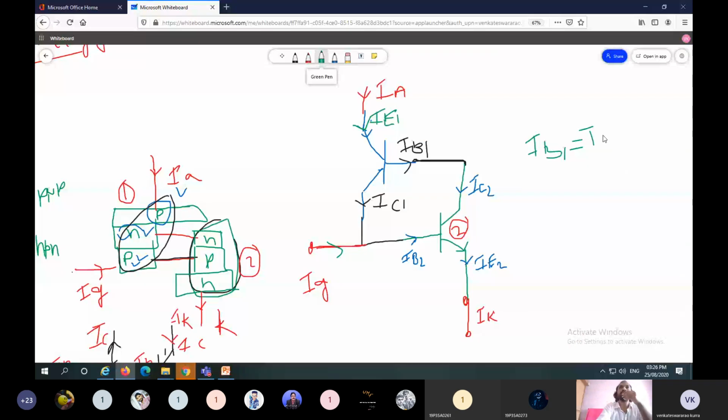And next, IA equal to IE1. Next, IE2 equal to IK. So here IK equal to IE2.